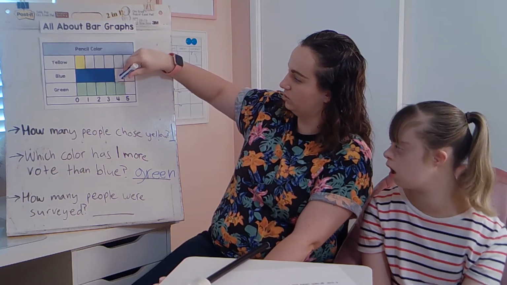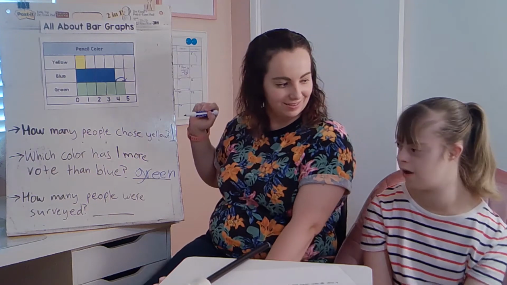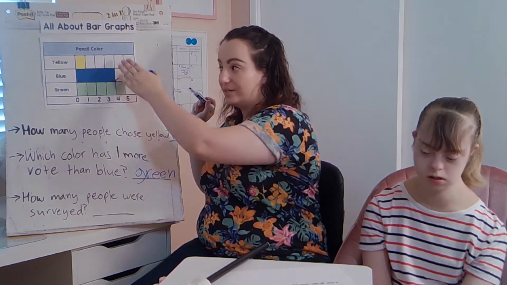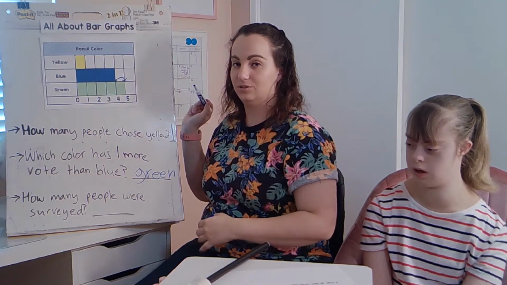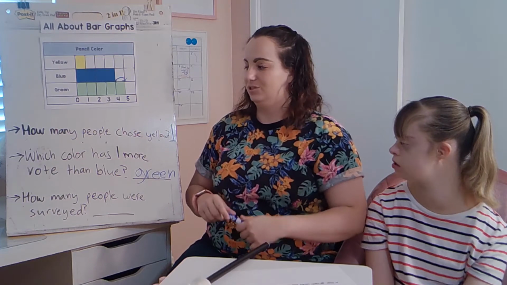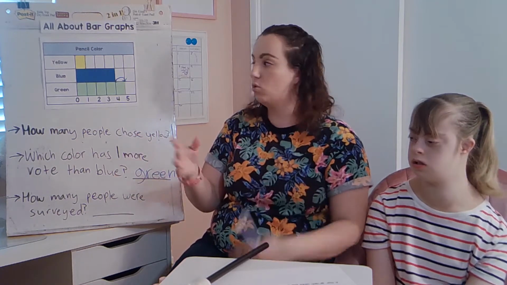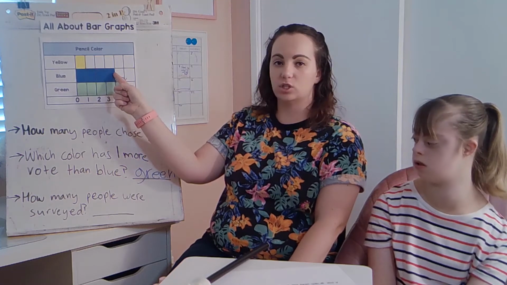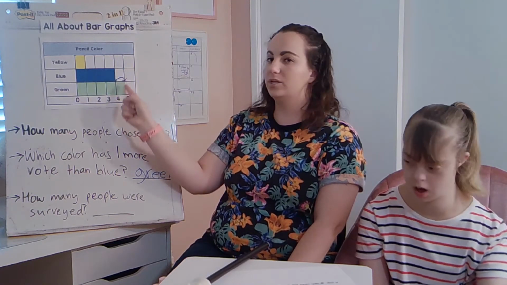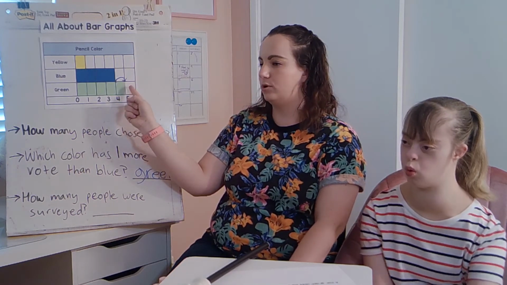Because there was blue, then one more vote, that's green right there. Use the visuals of the bars to help you solve the questions. For questions like which has one more or 2 more, look at where they want you to start and go however many more and see which category or subject it is. Use the bars to help you.